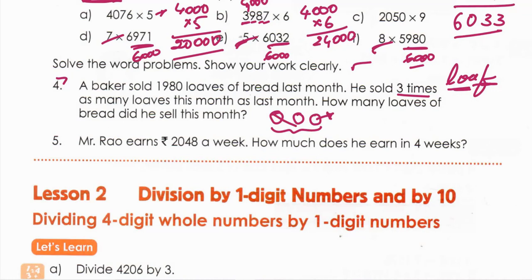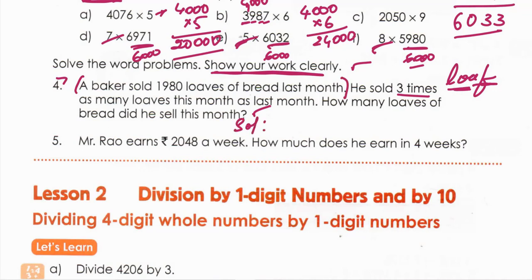This is the question. I told you in one of my videos that whenever you do a word problem, show your work clearly. You have to write working statements for these word problems. So how are you going to write? For that you have to understand from full stop to full stop. Write it in the form of statements, that is the solution.